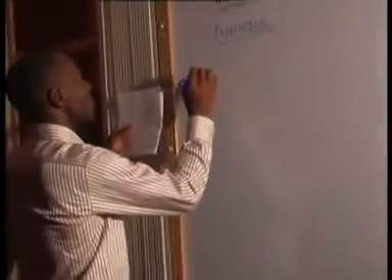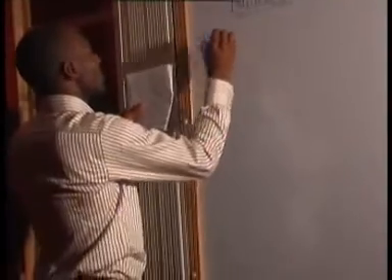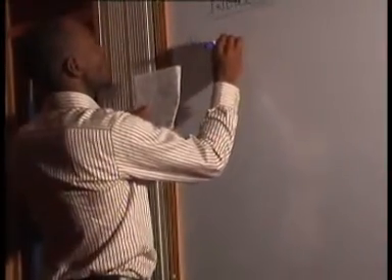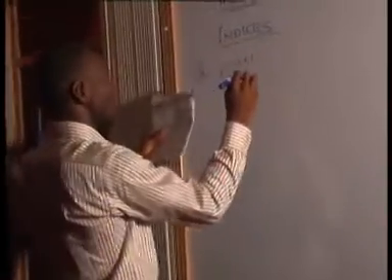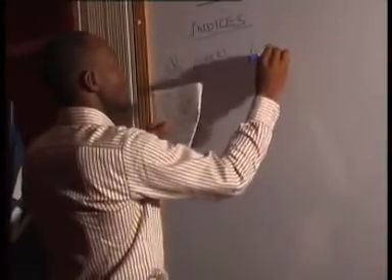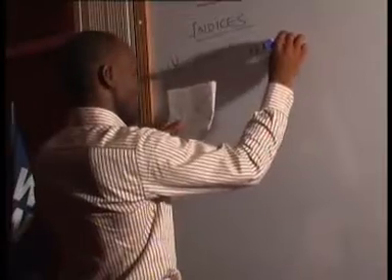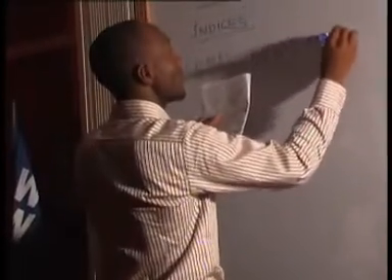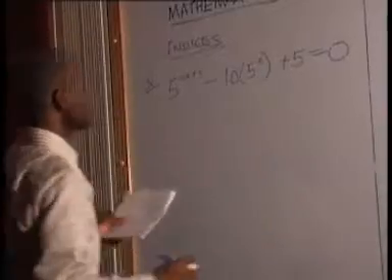Let's examine a simple question in quadratic equations that we're going to solve. Example: 5 raised to power 2x plus 1, minus 10 times 5 raised to power x, plus 5 equals 0.